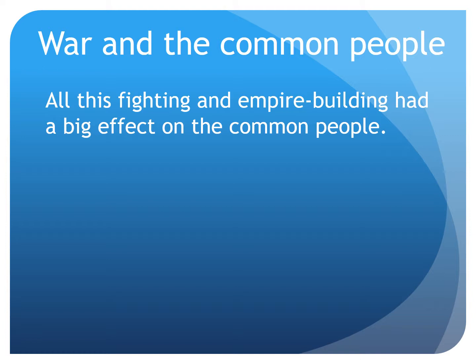All right, so I'm going to finish up with talking about the ordinary people and the effect that all this fighting and empire building had on them. Obviously, the government and the rich, the privileged classes, had something to gain by it, but the poorer people basically were simply the labour that would be available to make it possible for these things to happen.